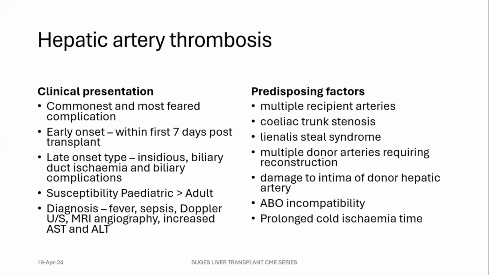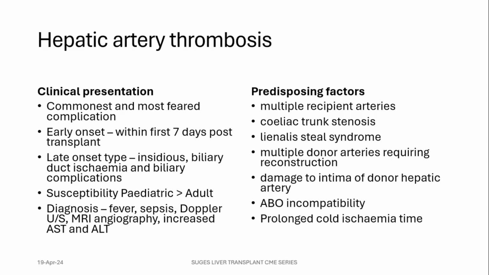The predisposing factors are where you have multiple recipient arteries, so you may be trying to anastomose several arteries; if there's celiac trunk stenosis; or if there's Lienales-Steele syndrome. Lienales-Steele syndrome is whereby you have blood going away from the portal system and the arterial system and into the spleen. So when most of it is going through the spleen and through a portal splenorenal shunt, you have less blood flow within the hepatic artery.